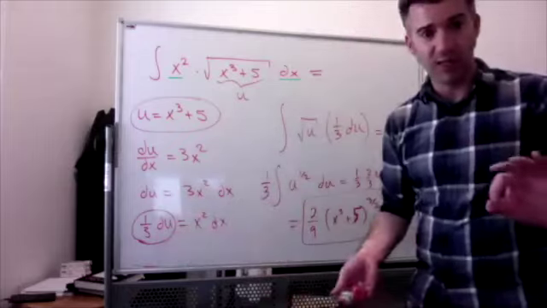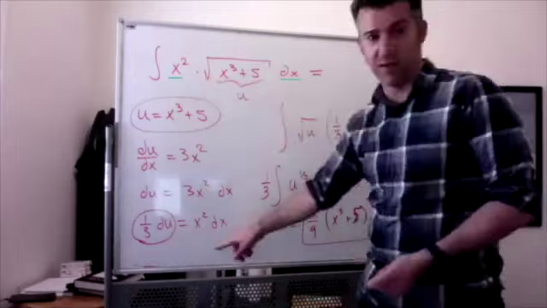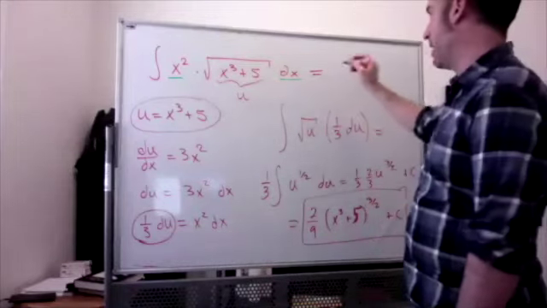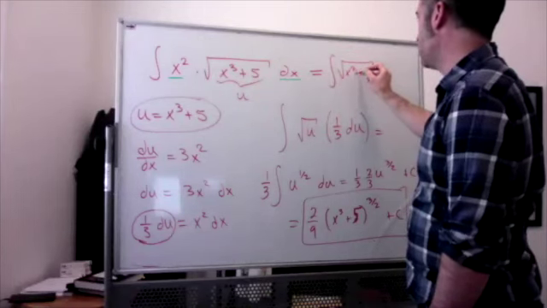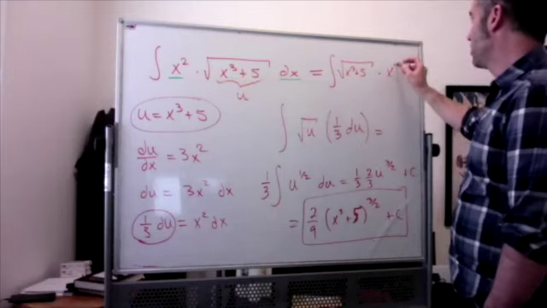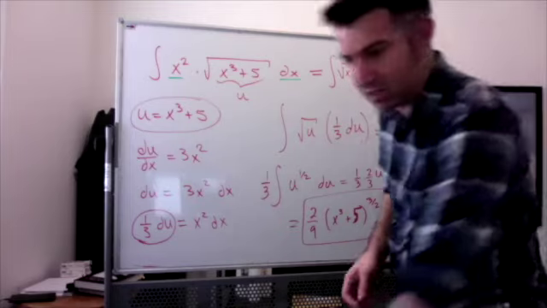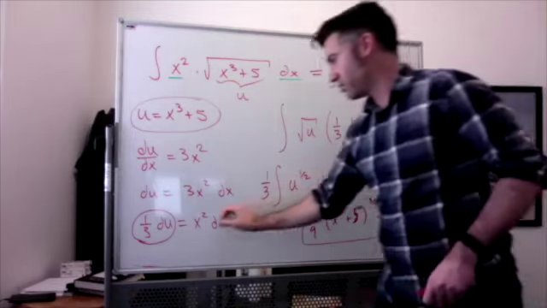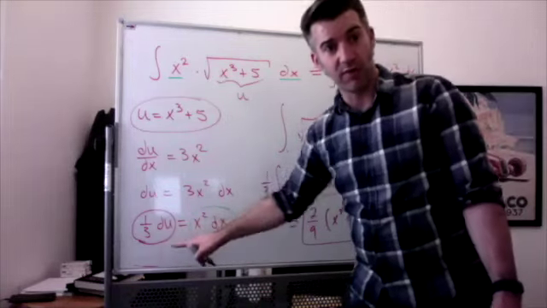Now, what might help you see this a little more easily is to actually put the things next to each other that are supposed to be next to each other. If we wanted to, we could totally rewrite this as the square root of x cubed plus 5 times x squared dx. And then it might be easier to see that x squared dx is equal to 1/3 du.